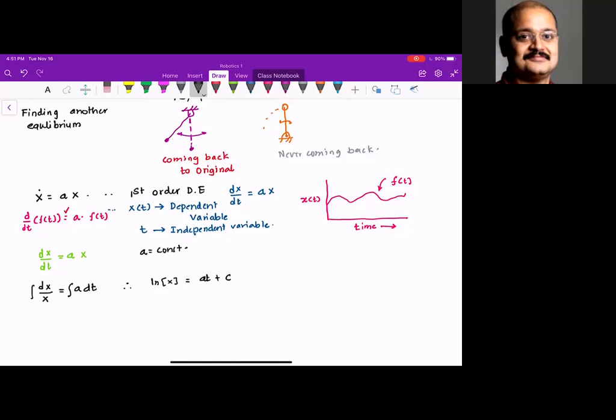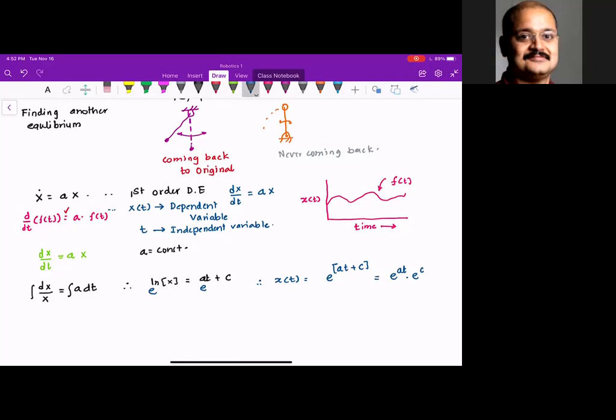Now what I'm going to do is I'm going to take the exponent on both sides. So I will have e to the power ln x, that gives me x of t, and this gives me e to the power at plus c, which can be written as e to the at multiplied by e to the c. e to the c is a constant, c is a constant, e is a constant.